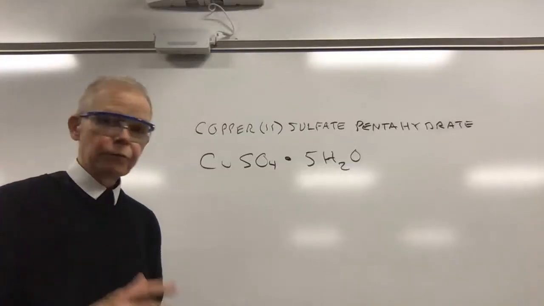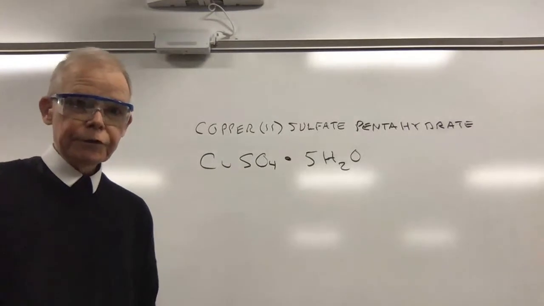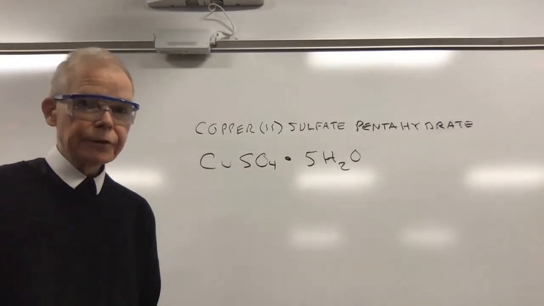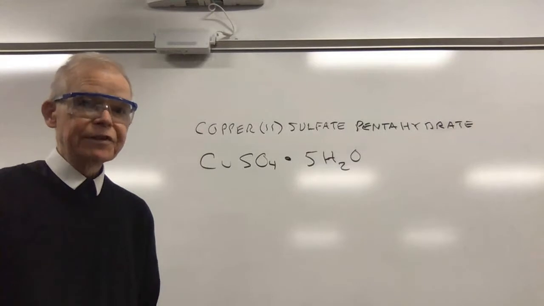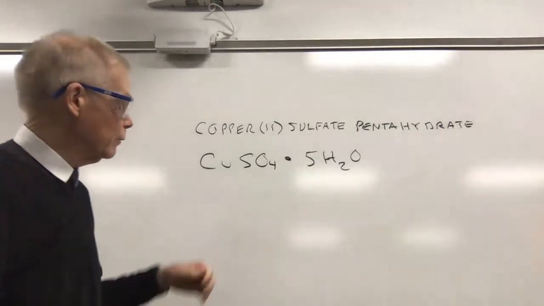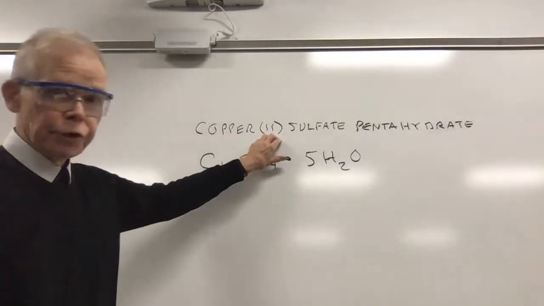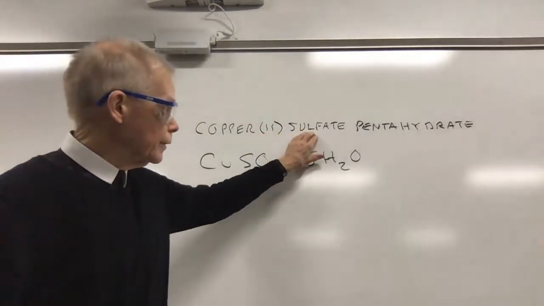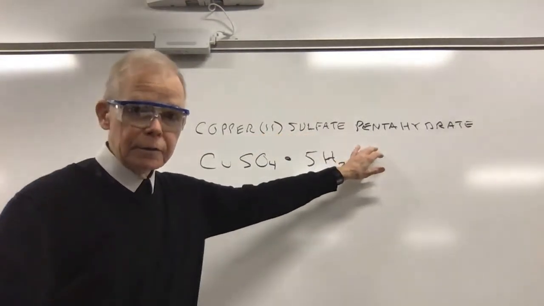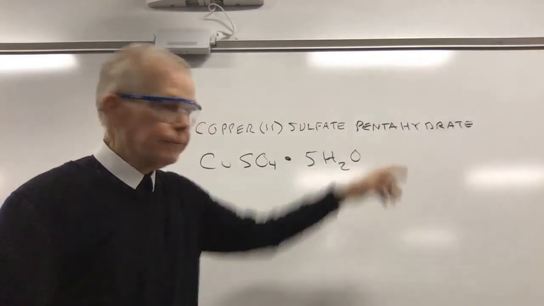The next compound I want to do for you is a little bit more complex compound. It has parts to it that you haven't seen before. The name of it is copper 2 sulfate penta 5 hydrate.